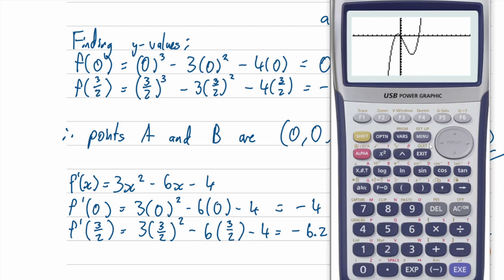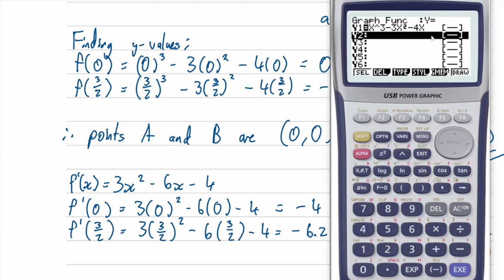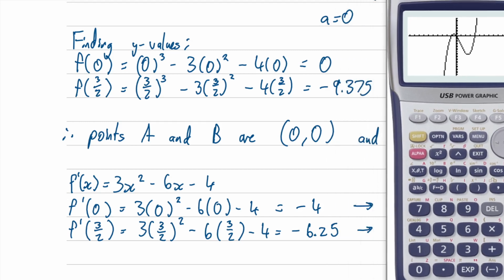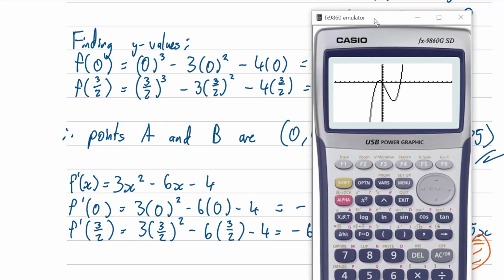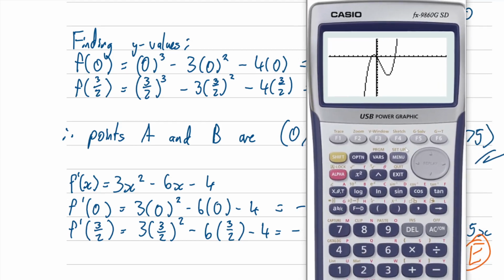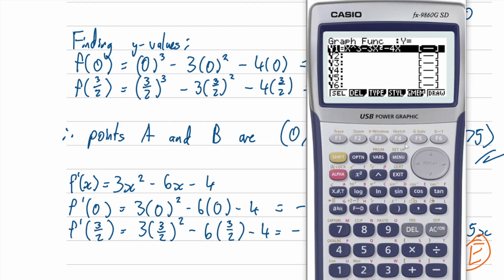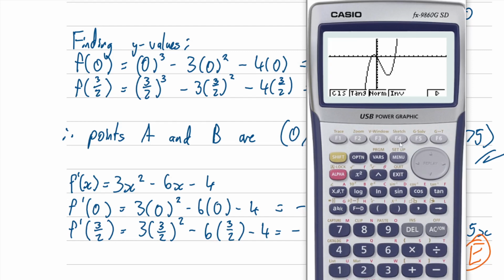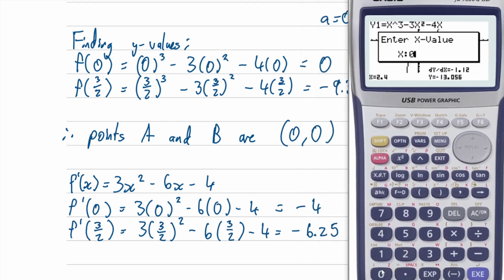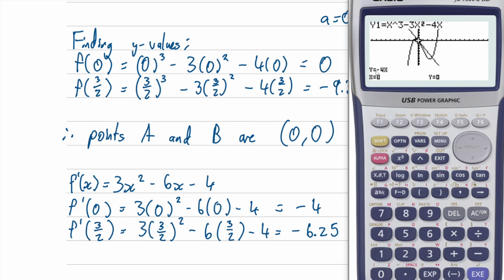Here is our graph, the cubic, and now when x equals 0, if I go shift, sketch tangent, T-A-N-G, and I want x equals 0, sketch a tangent. The equation of the tangent is -4x. So that just verifies our solution.